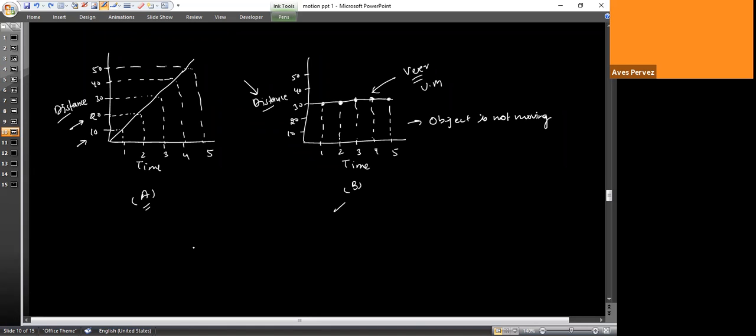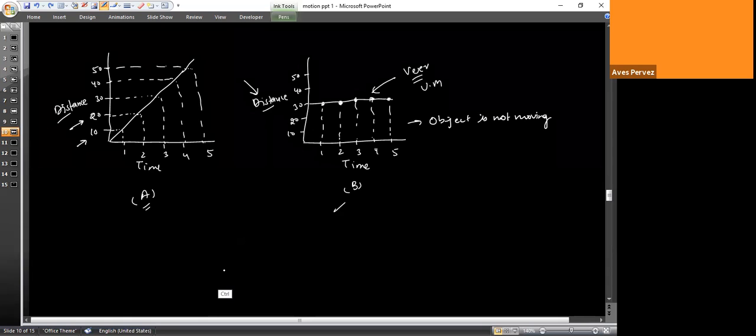Don't get fooled in your examinations: if we have a graph and it is a straight line, it does not automatically mean uniform motion. You have to see which kind of graph it is. If it is a distance-time graph and it is a straight line, then it is uniform motion.